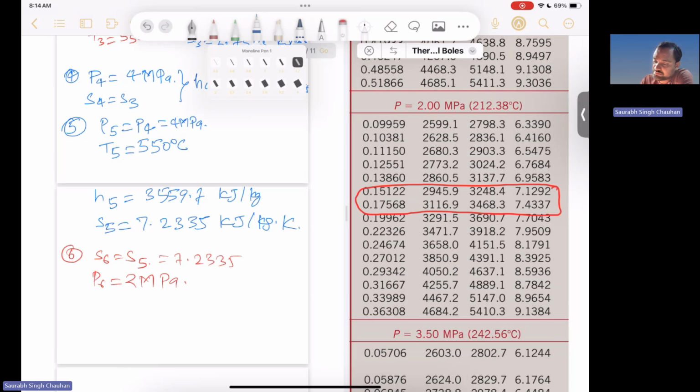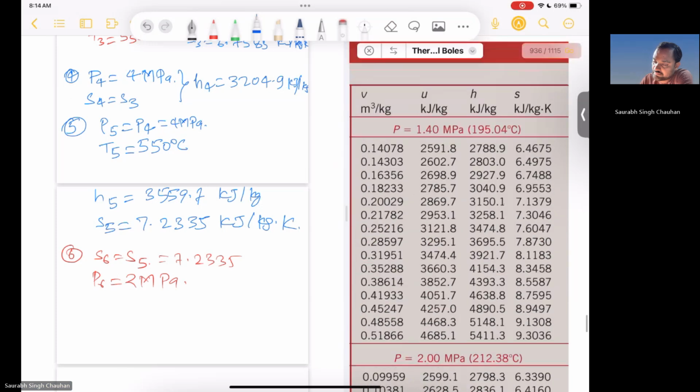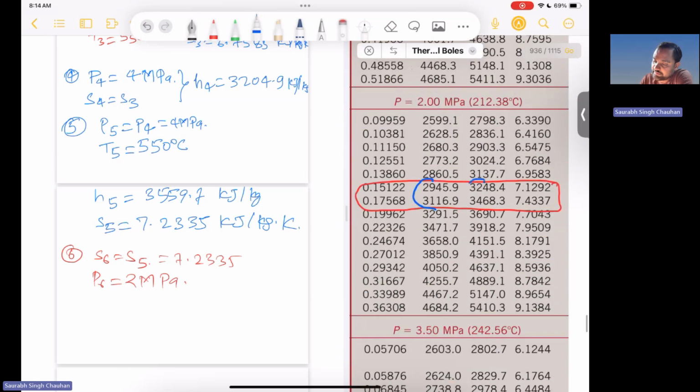Enthalpy should be somewhere around this value. Sorry, this is internal energy. Enthalpy should be somewhere between 3200 and 3400. I am taking 3321.1. You can do your own interpolation.